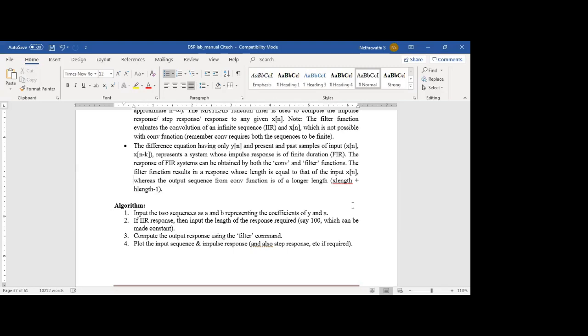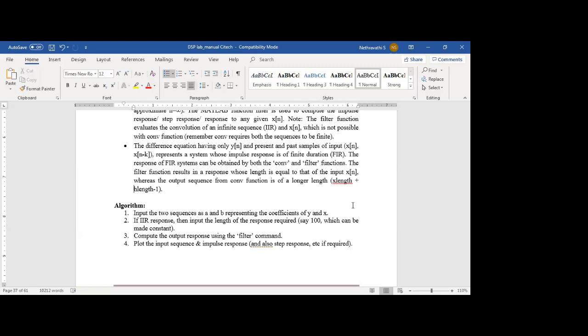Okay, so the coefficient terms for my output y I am calling a, and for the input x I am calling b. Okay, yes, and I will be specifying up to what number I need the response. Okay, that is nothing but the length of the response.